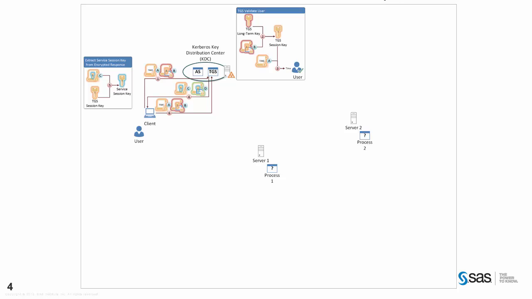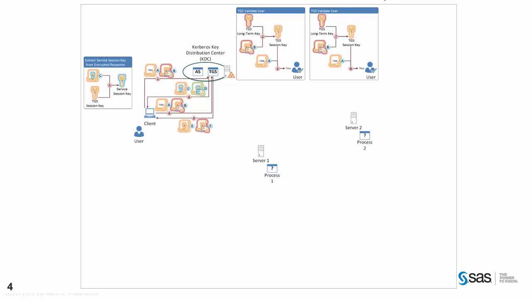The second request, like the first, contains the TGT, shown as B, and another authenticator, shown again as A. Just like with the first KRB TGS request, the ticket granting service uses its long-term key to decrypt the session key from the ticket granting ticket. Then it uses the session key to decrypt the authenticator and so validate the user.